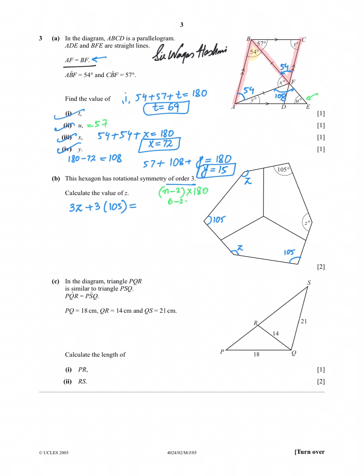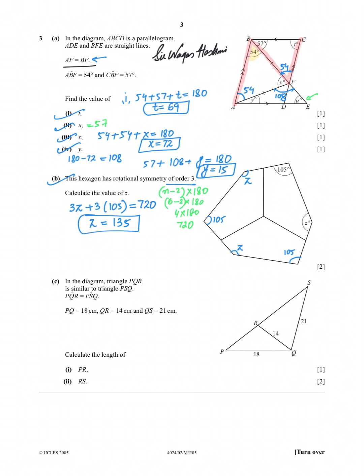So 6 minus 2 times 180. 6 minus 2 is 4. 4 times 180 leads to 720. So now we know that if we add all those angles, the sum equals 720. So we equate it with 720. By solving this equation, you will get the value of z, and that is equal to 135 degrees. That is your part B answer.